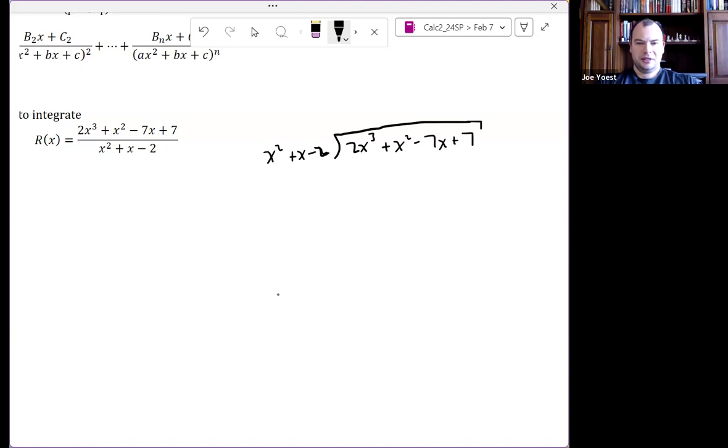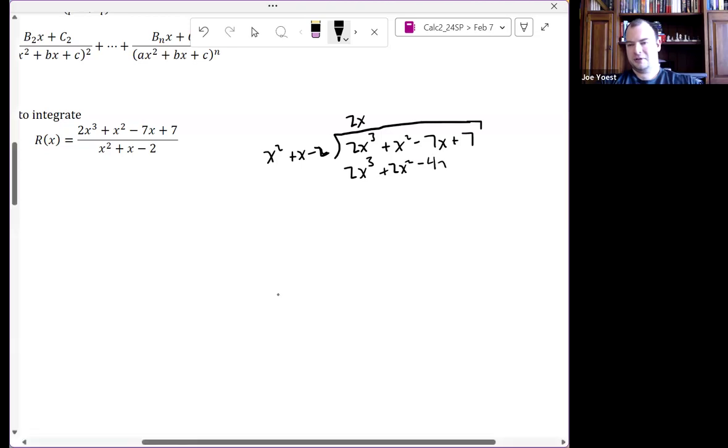So I take my leading term in the divisor, x squared. How many times does it go into 2x cubed? It goes in 2x times. 2x times x squared is 2x cubed. 2x times x is 2x squared. And 2x times negative 2 is minus 4x.